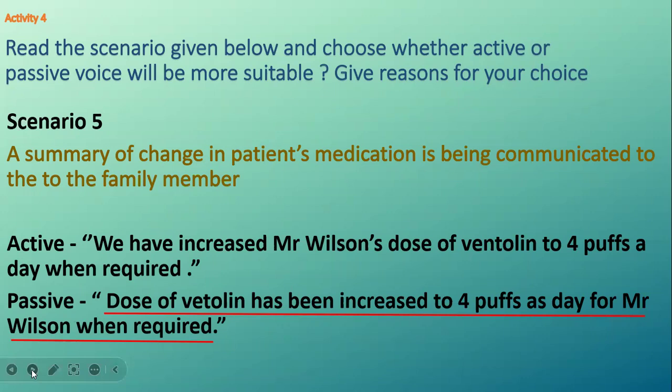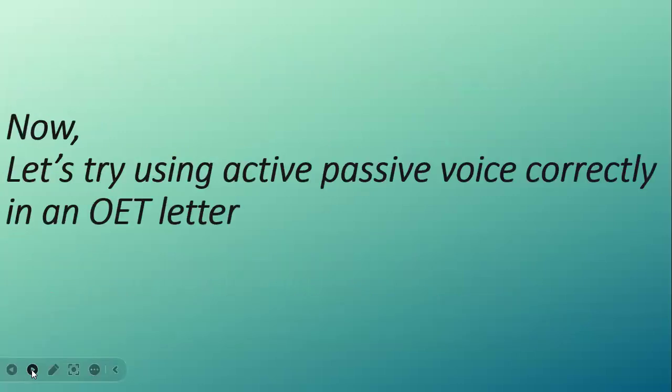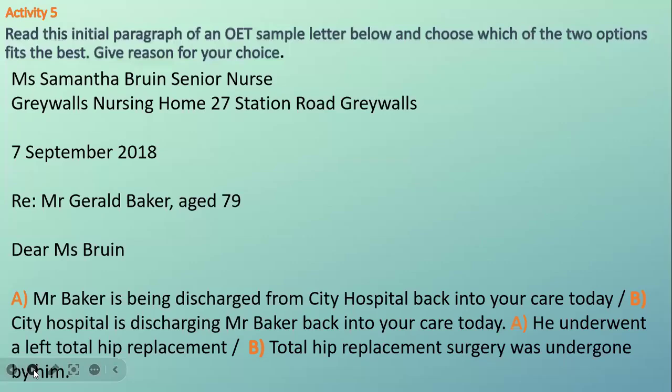Okay. I think I have one more, but I can skip that one. That's okay. We can simply come to an OET letter. So I've taken this OET sample and I have given some options to you. Let's try. So this is a letter.